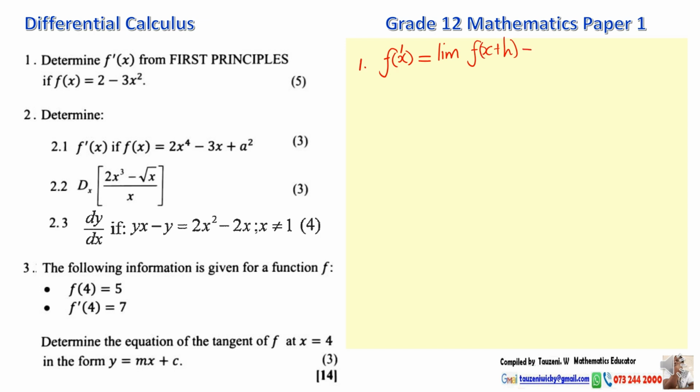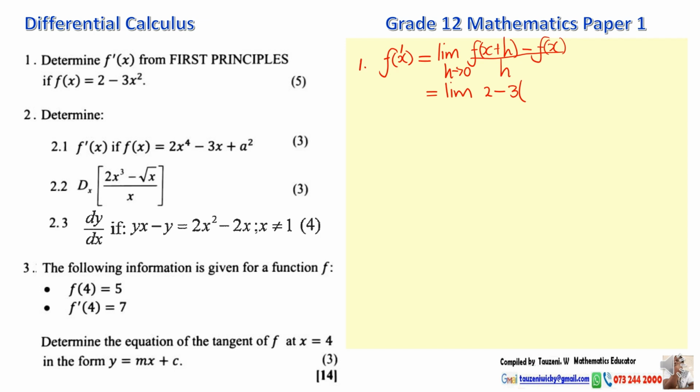Our formula, which will be provided in the examination paper, is that the derivative of an expression is always equal to the limit of f of x plus h minus f of x, divided by h, as h approaches 0. That is the formula for first principles.